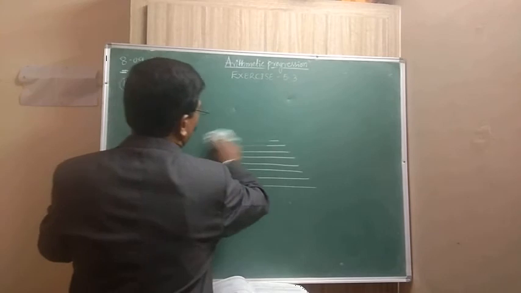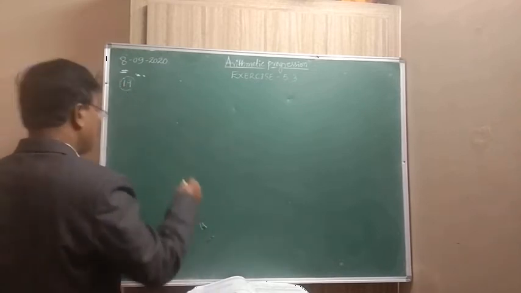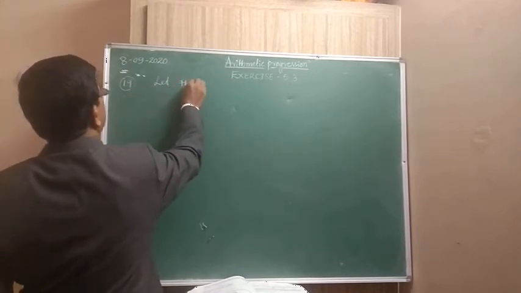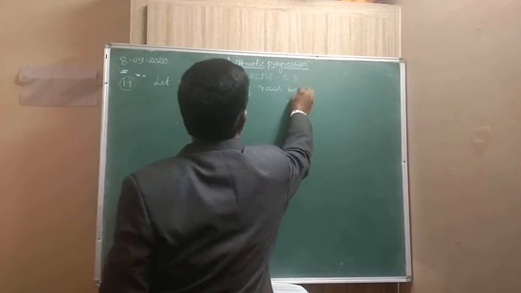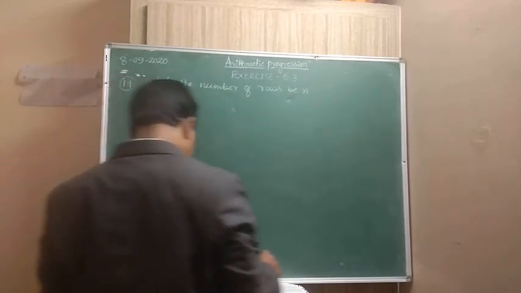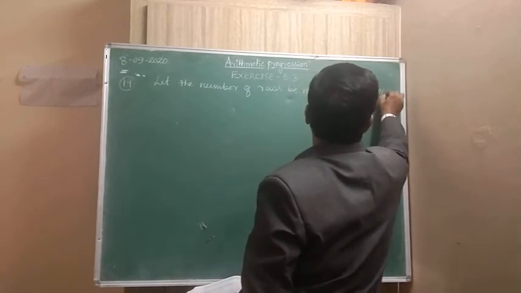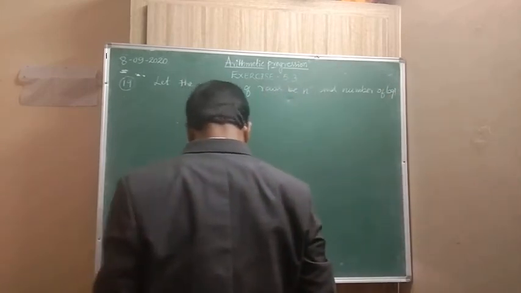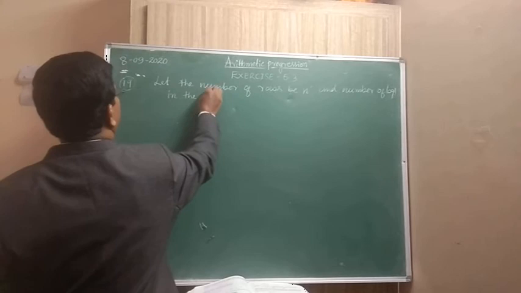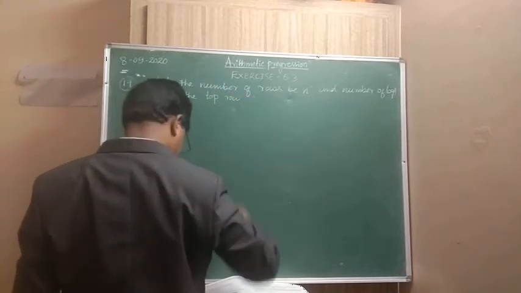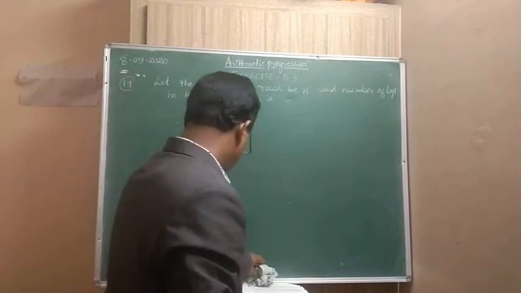Now, how to proceed with this question? For that, let the number of rows be n, and let the number of logs in the top row be A. So first you take it like this.